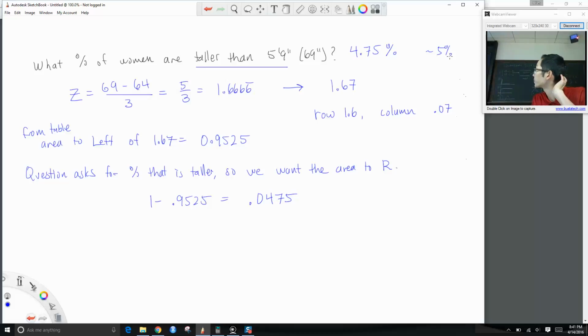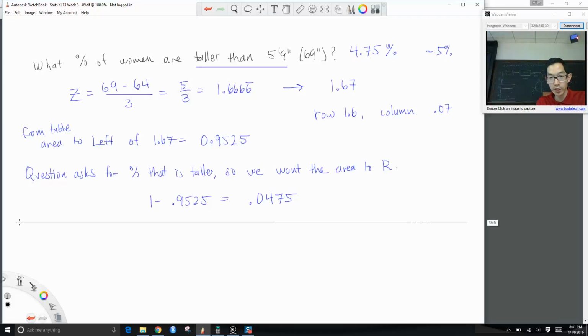All right, is this good with everybody? A neat thing about the normal distribution is that it is symmetric. Because the table is symmetric, there are a few shortcuts you can do, or really just one shortcut.